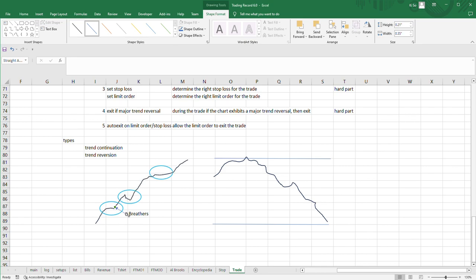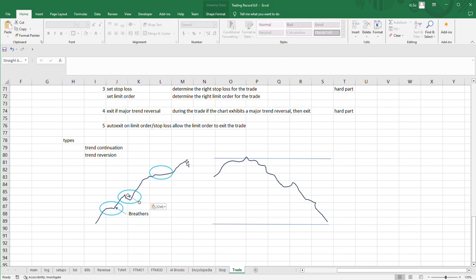Okay, a region of breathing. Right there. So here we are, right here. Those are the regions where it's essentially a region of breathing area, where the stock is taking a rest. It's taking a water break. So I need to become very, very familiar with it.